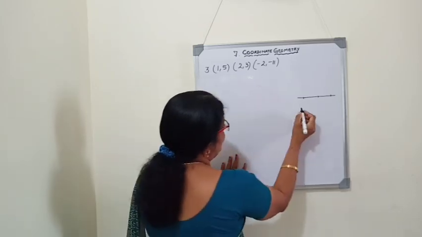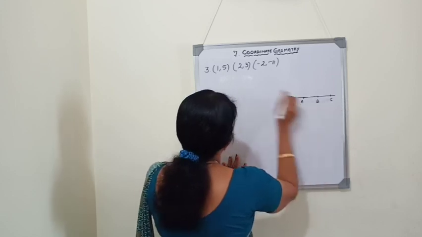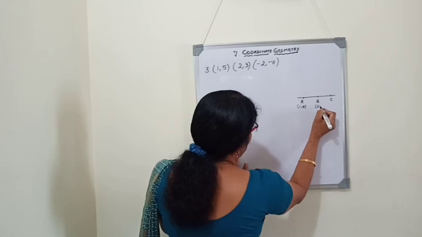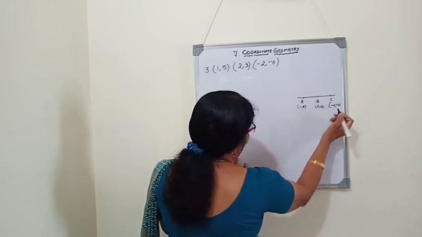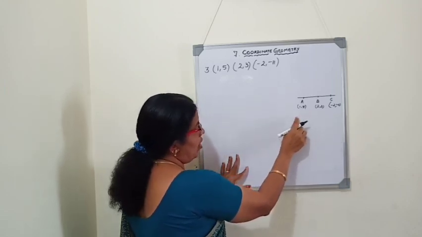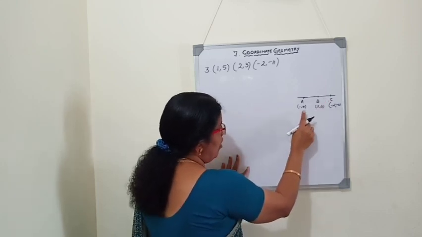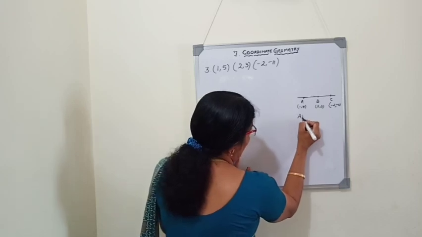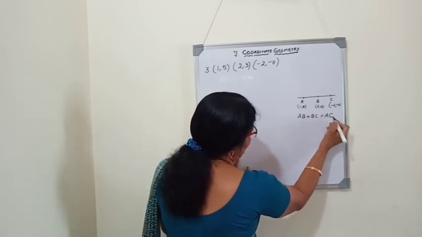So here there are 3 points. Let me mark them as A, B and C. A is 1, 5, B is 2, 3 and C is -2, -11. We have to check whether these 3 points are on the same line or not. To check this, we have to prove that AB plus BC should be equal to AC.